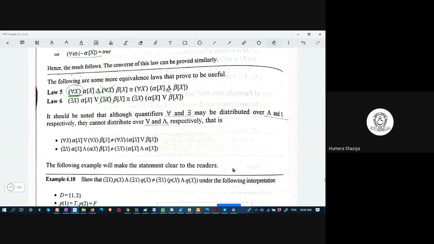Look at this example. For all x, here you see there is or. For or, this formula cannot make for all x as common. It is said that it can be distributed over and followed by or, but it's not for or followed by and.